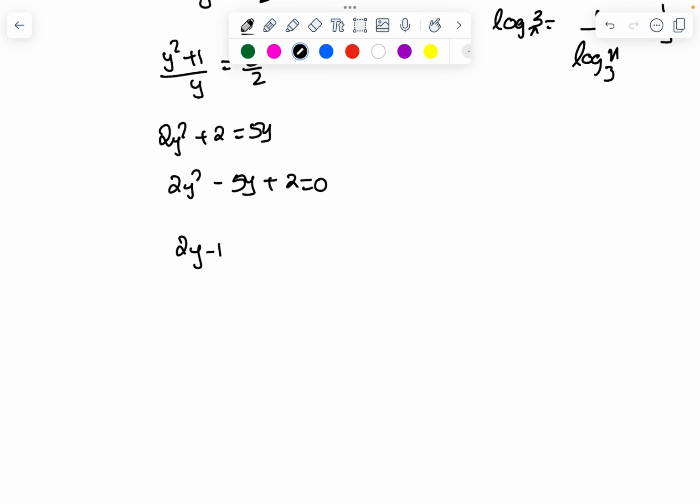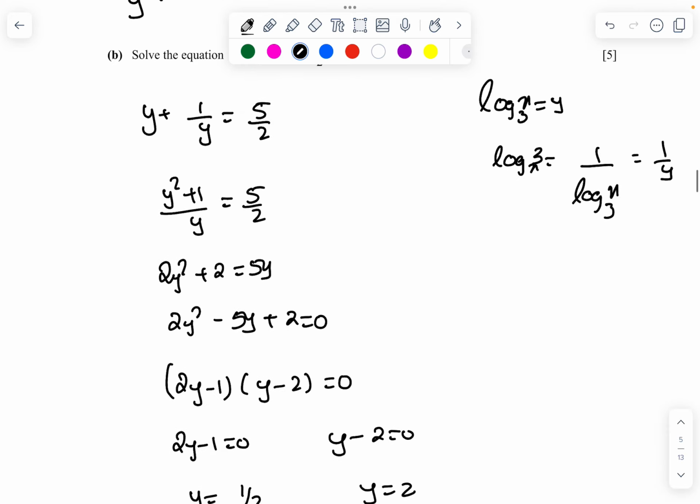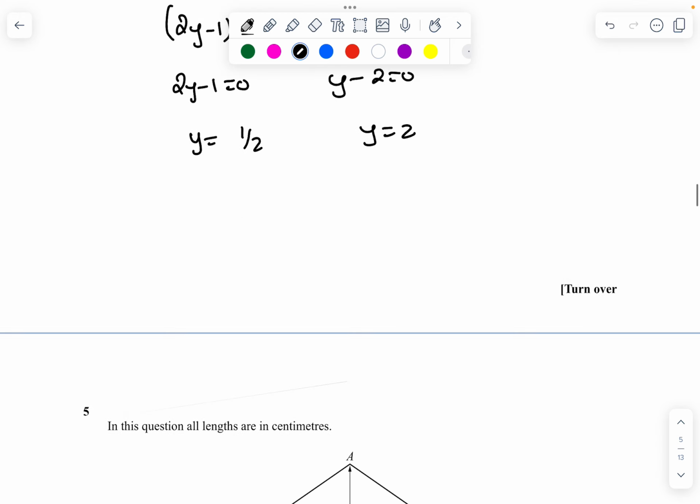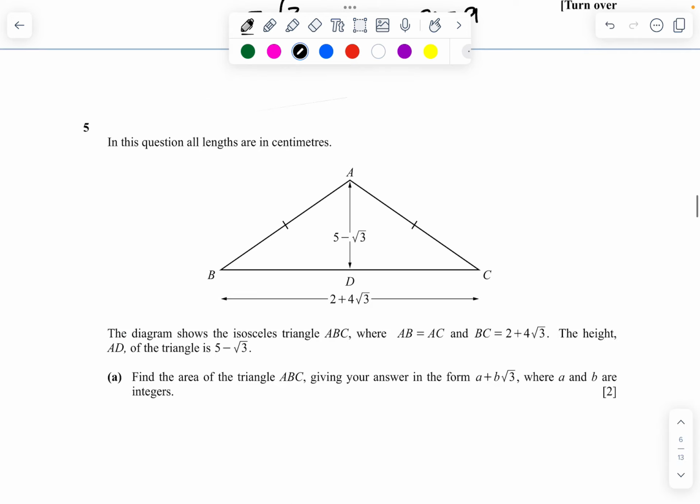Factorize it out. (2y minus 1)(y minus 2) equals 0. So 2y minus 1 equals 0, y minus 2 equals 0. So y equals 1 upon 2, y equals 2. But what is y? Log x to the base 3. Log x to the base 3 equals 1 upon 2, x equals 3 to the power of 1 upon 2, which is square root 3. Log x to the base 3 equals 2, x equals 3 square, so x equals 9.